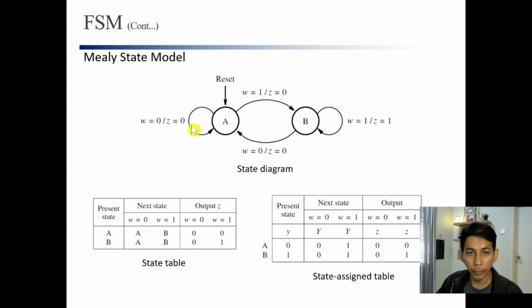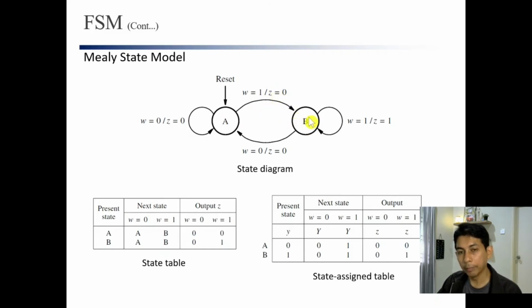But when W equal to 1, it means that the car speed is exceeding the speed limit. But remember, if it exceeds the speed limit one time, Z is still 0, but we need to go to B.